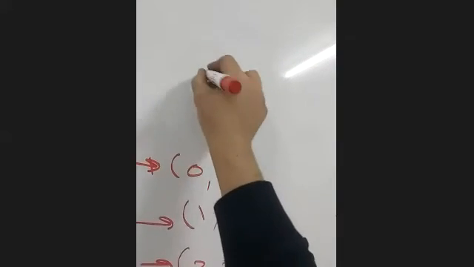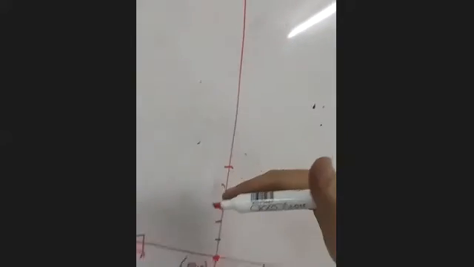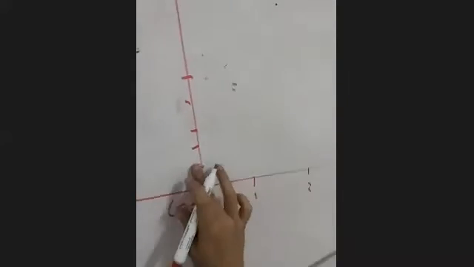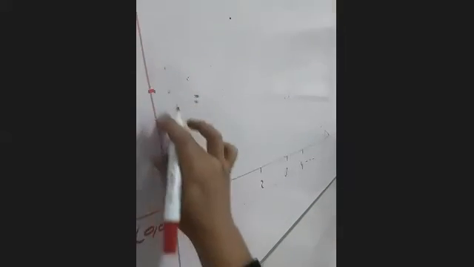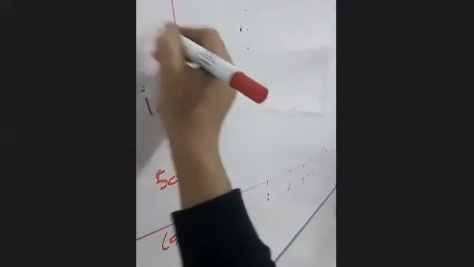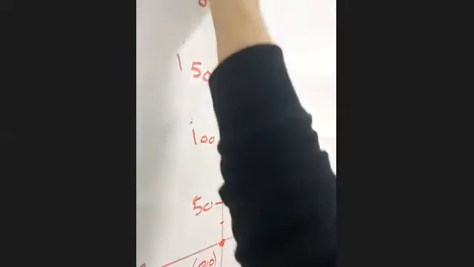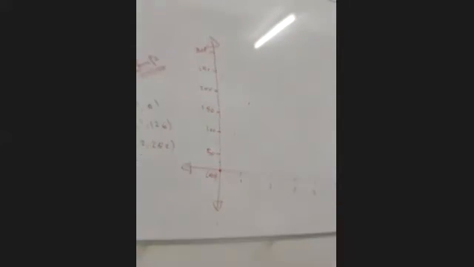Look here, guys. Jumps. I can make, for example, 50s: 50 here, 100 here, 150 here, 200 here, 250 here, 300 here. Got it?